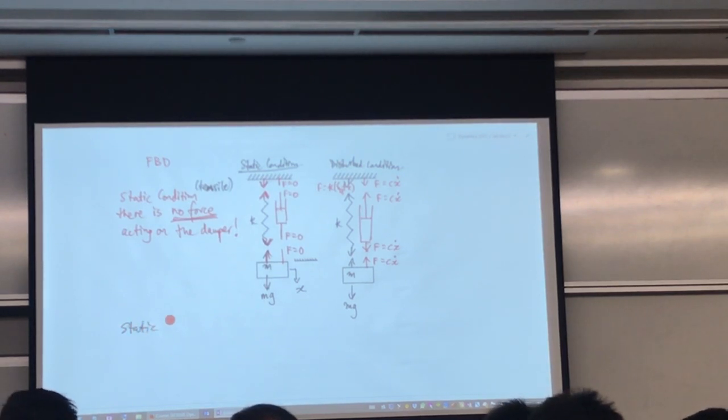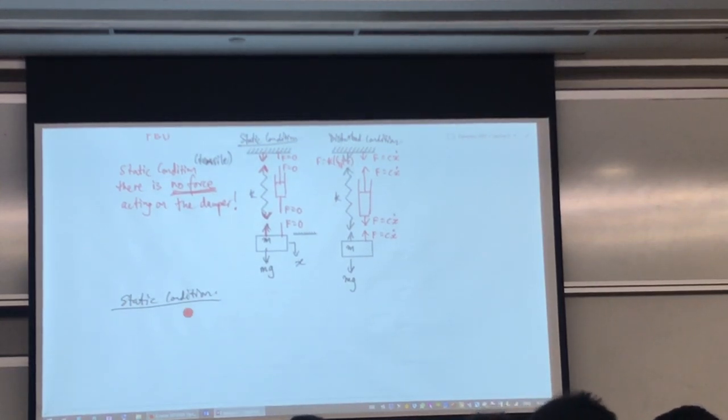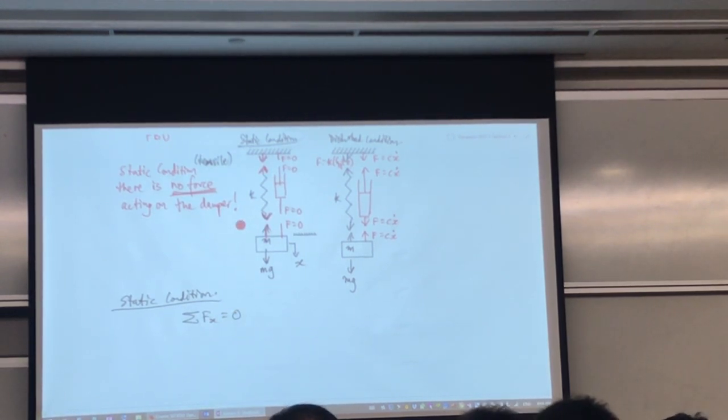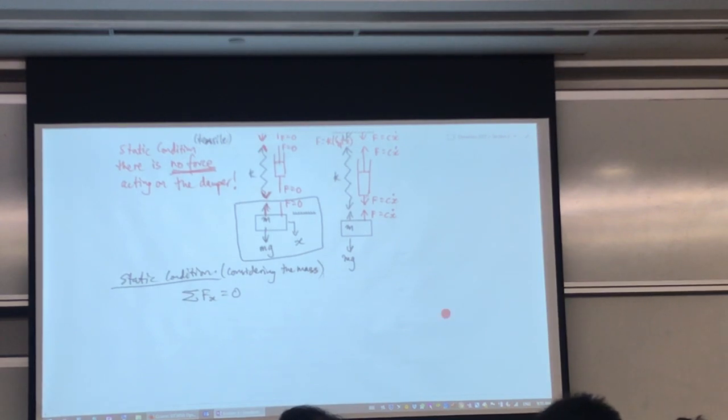Let's start with the static condition. So for the static condition, we'll sum up the forces, Fx, and then that must be equal to 0. What kind of forces? We're interested in this area. Considering the mass, right, for the static condition. So sum up all the forces.